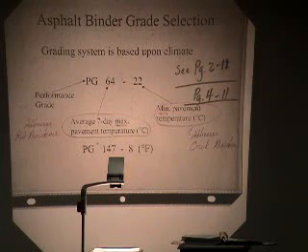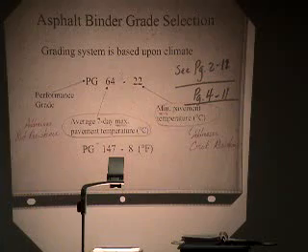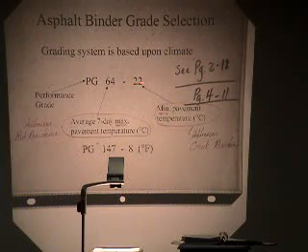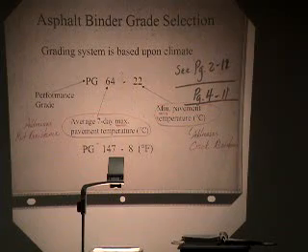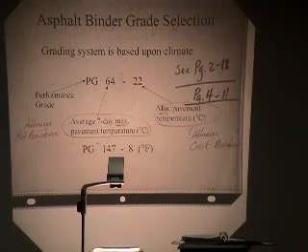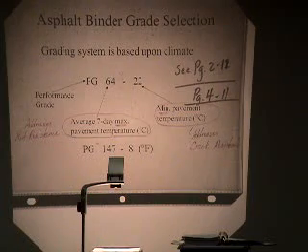Again, there are a few exceptions to that. Up in the higher elevations in the mountains, we sometimes have average temperatures that get down below that minus 22. Minus 22 is minus 8 degrees Fahrenheit, to give you some perspective. So, looking at the state as a whole, it was decided that PG 64-22 would be our standard grade, based on average high and low temperature.